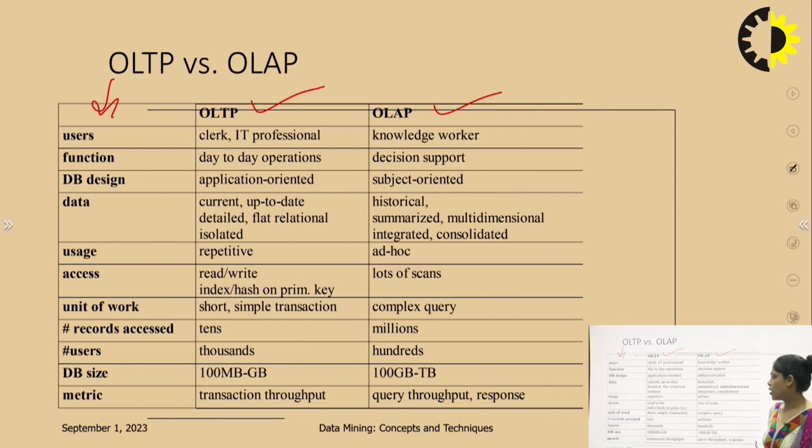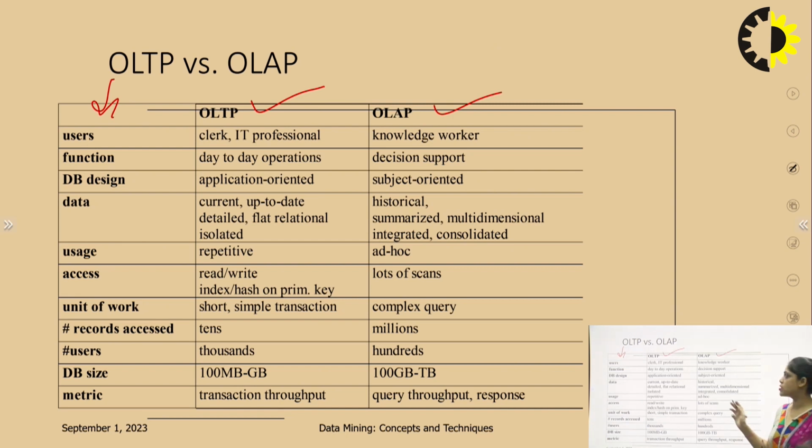Unit of work is a short, simple transaction, versus a complex query. Record access is, for example, 10, versus millions. If you are talking about the users, it may be thousands or hundreds. Database size is 100 MB to GB, versus GB to terabyte. The metric is transaction throughput, versus query throughput and response.